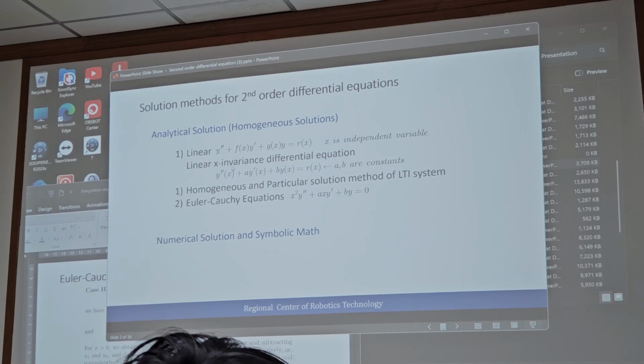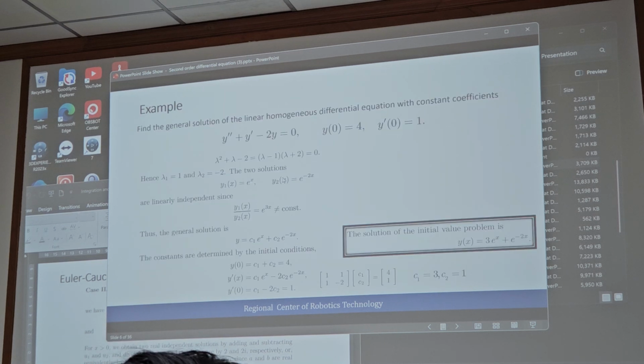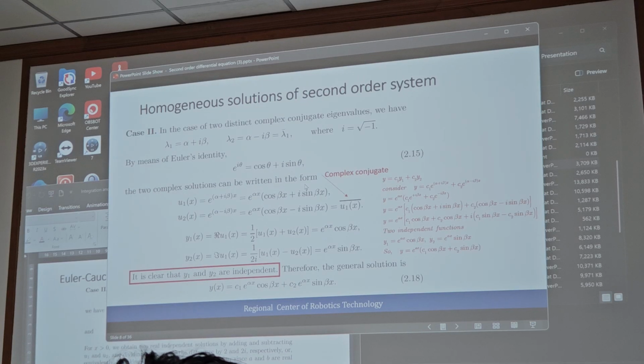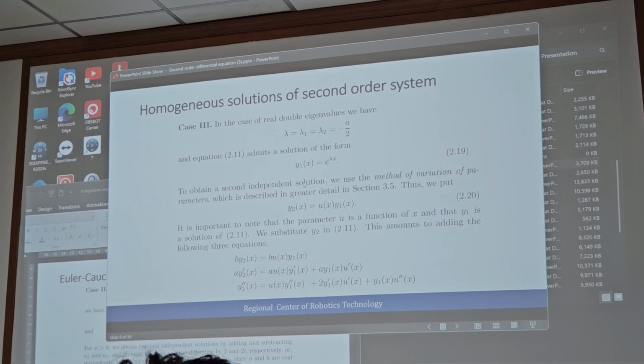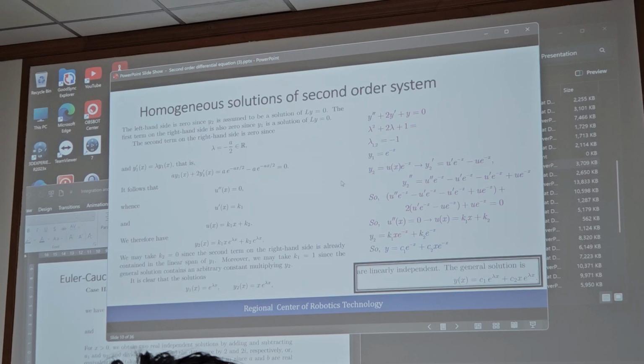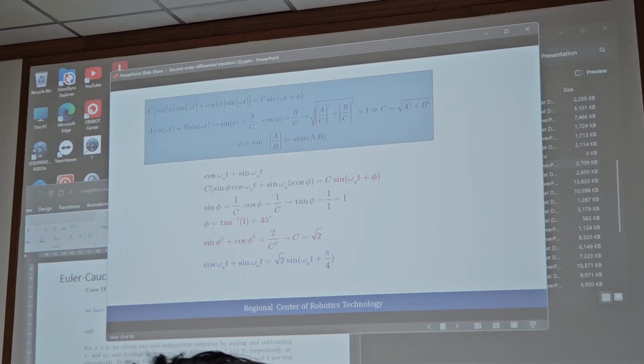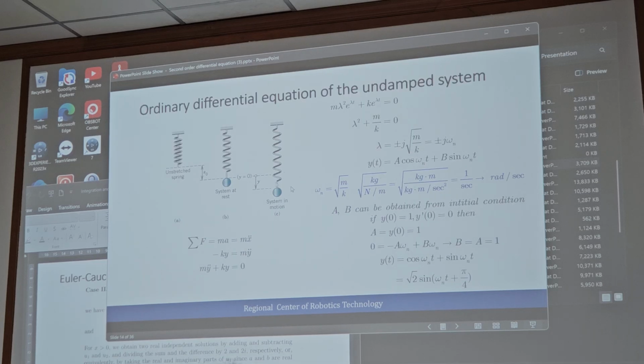Everything is the same, but I give you some more detail here.